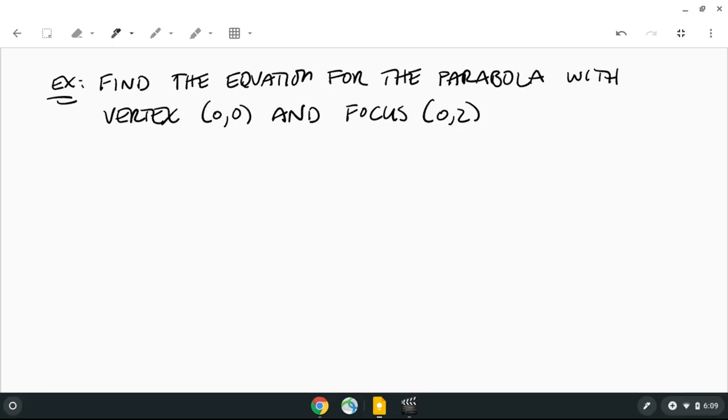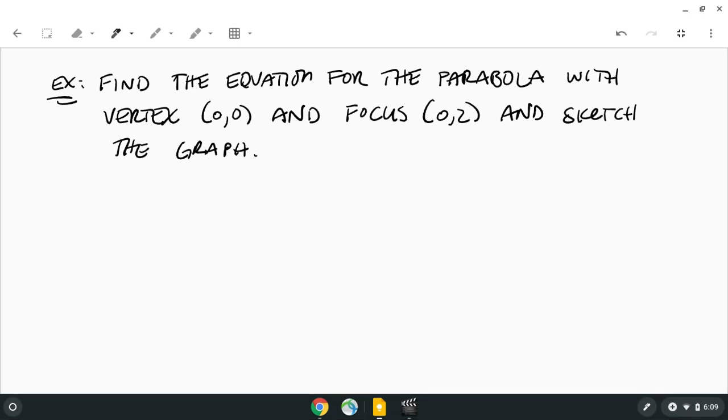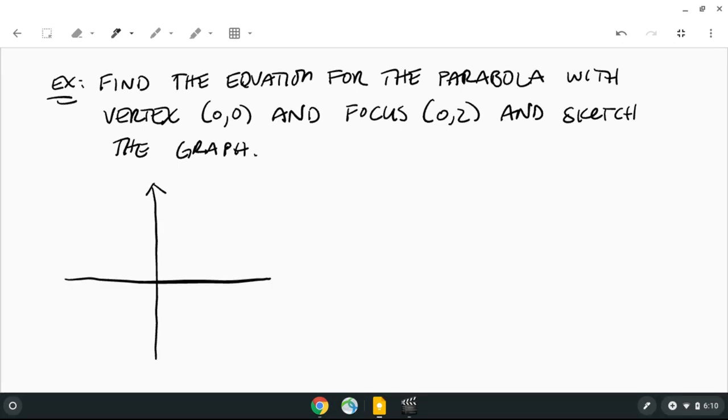And let's go ahead and sketch the graph. A lot of these problems will say to do all of the following and sketch the graph. So I actually like to start the problem with sketching whatever clues they give me, because it's a lot easier to see what sort of information you have visually. So let's graph the information that they give us.